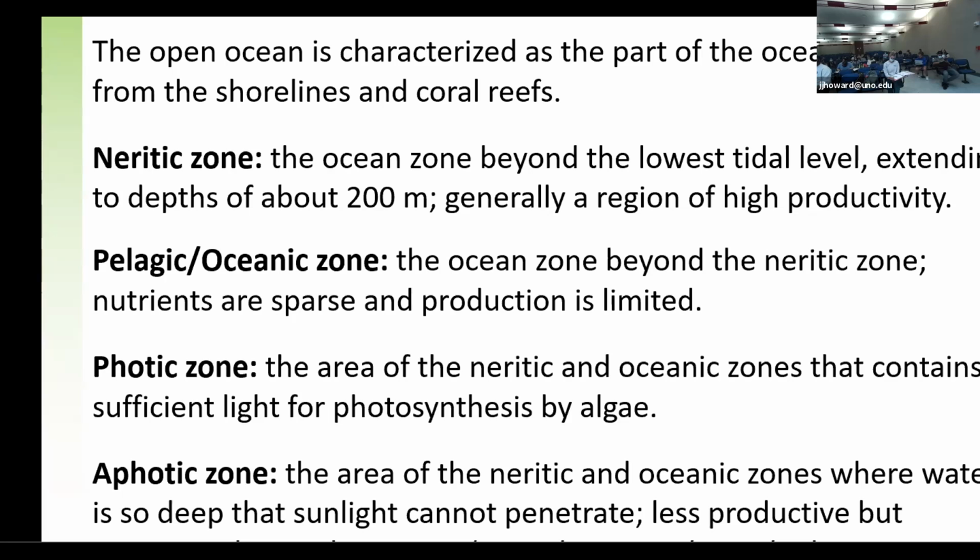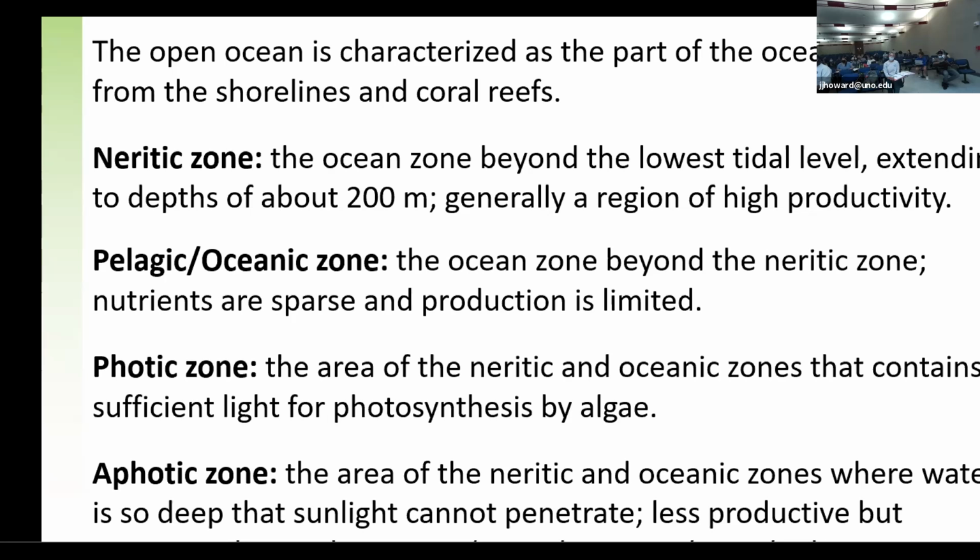So what that means is that if you have a shallow coastline, the neritic zone may extend for hundreds of miles offshore. On the other hand, if you have a very steep coastline, it may only be 10 miles or so. The Pacific coast of North America is extremely steep, and the neritic zone is relatively small.